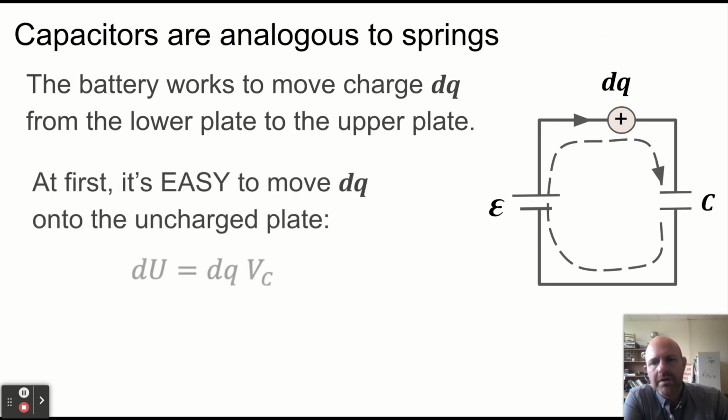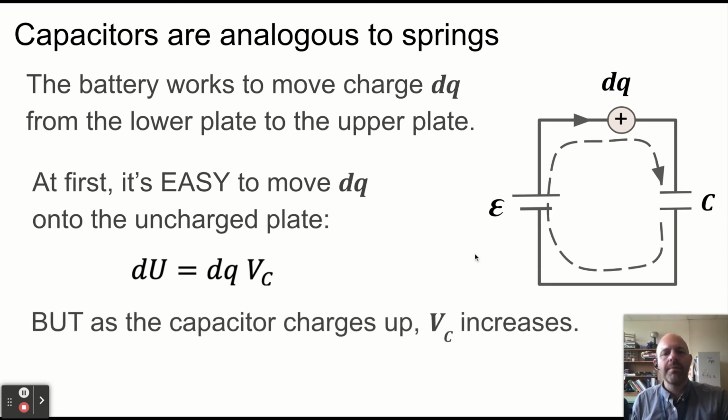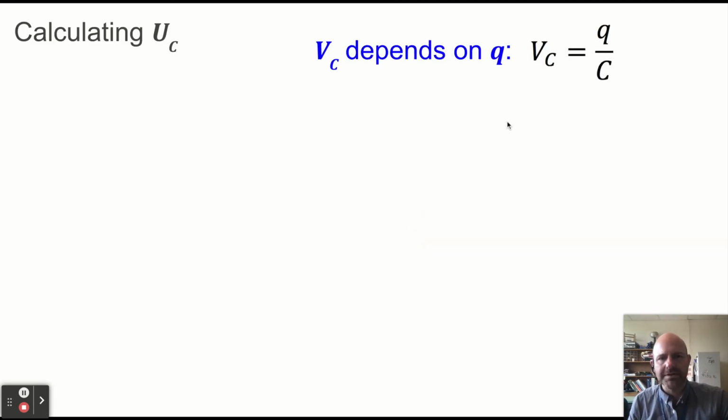The energy it takes to put a little bit of charge dq on the plate is equal to that charge times the potential, because potential times charge is potential energy. When the capacitor is uncharged, it's easy. But if you've got it completely charged, it's impossible. So that's the way we're going to be thinking about this.